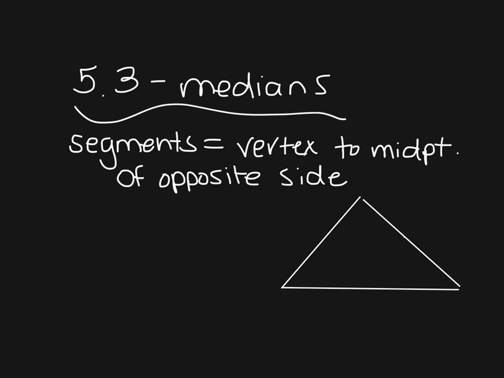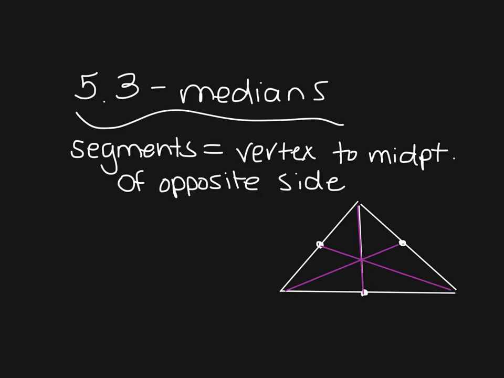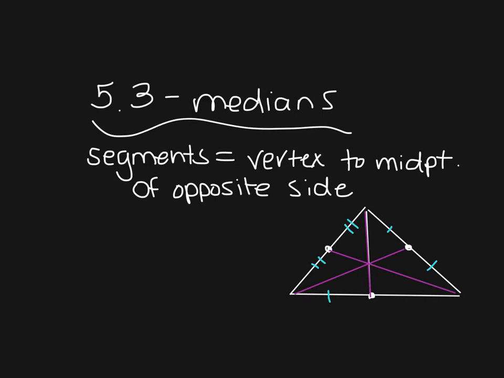So if I identified where the midpoint was from each of these segments, they would look something like that. So this would be marked as congruent. This could be congruent to this, and this to this, and this to this.